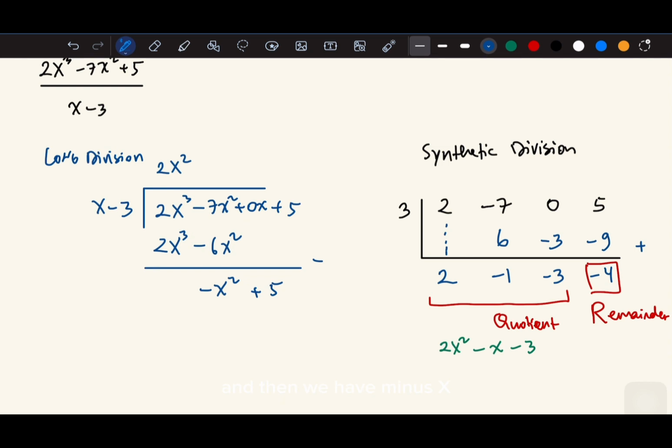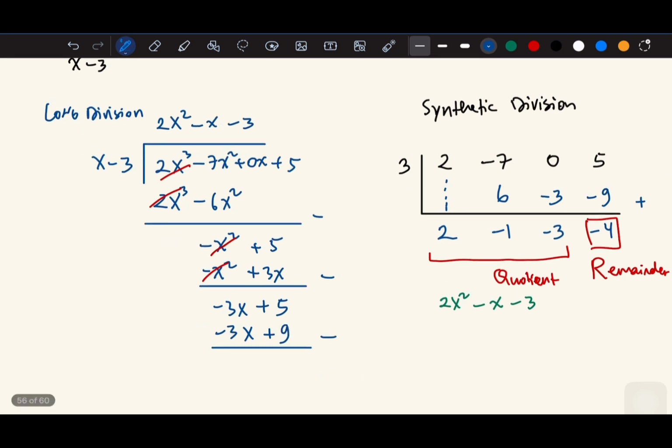And then we have minus x, because we want to make this cancel. So negative 3x plus 5. And then negative 3, to make it negative 3x plus 9. And then cancel, and then negative 4. So we get the same result, the remainder and the quotient.